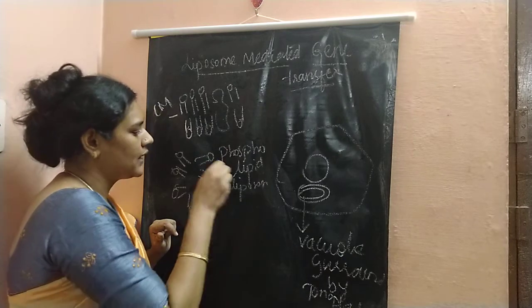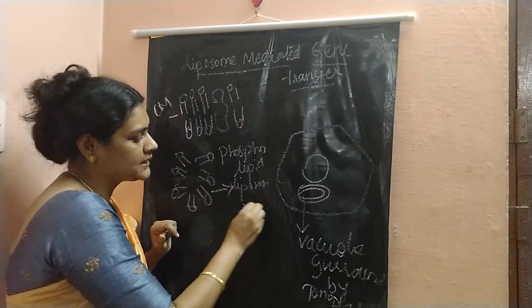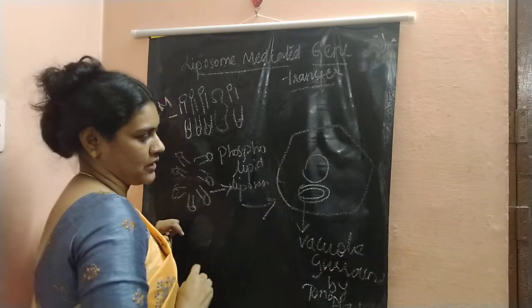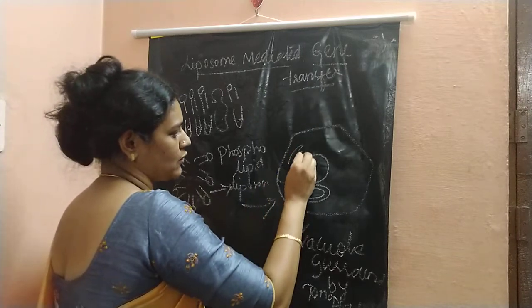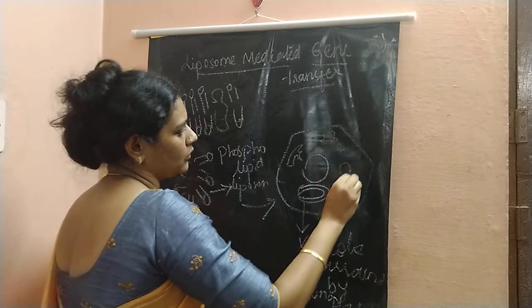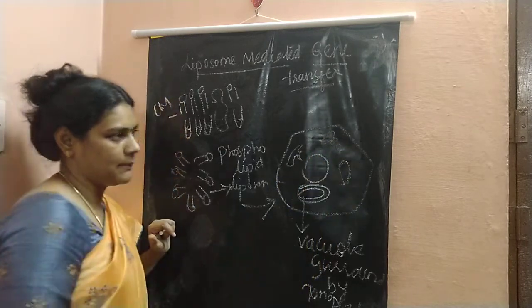This liposome plays a major role in gene transfer into the plant cell, the host cell. This is the nucleus, this is the endoplasmic reticulum and Golgi apparatus, and chloroplasts, all of which are in the plant cell.